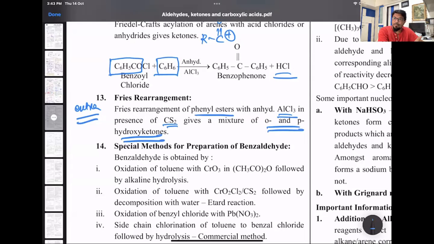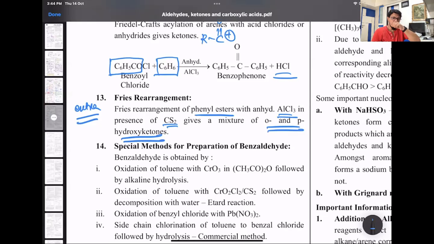Hydroxy ketones are the compounds which are reduced by Fehling solution as well as by Tollens reagent. Normally we say only aldehydes reduce, ketones do not, but hydroxy ketones are the ones which are reduced by Fehling solution as well as Tollens reagent. Hydroxy ketone means the OH group of alcohols and a ketonic group are present in the same compound. So that's Fries rearrangement, important over there.